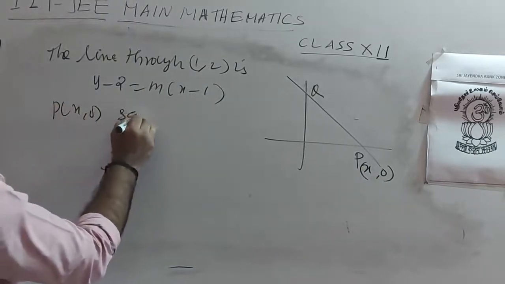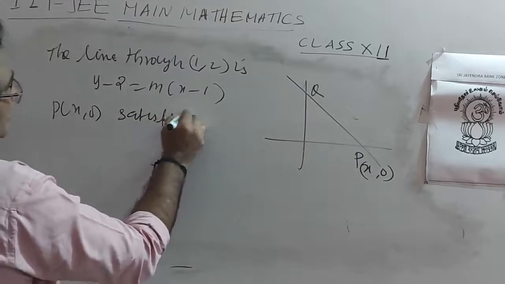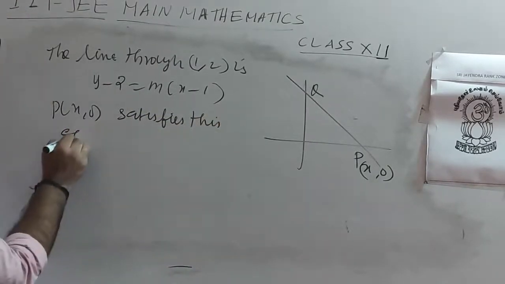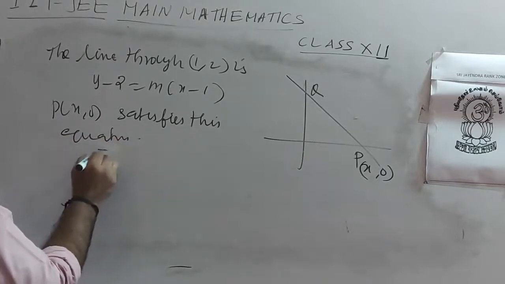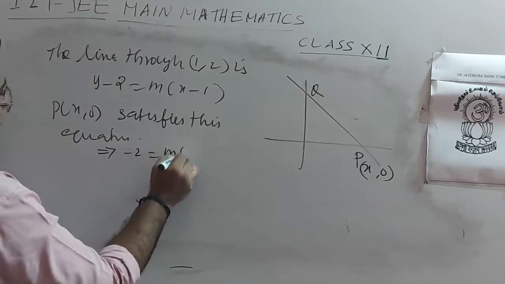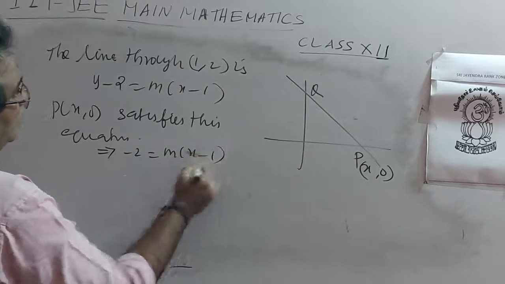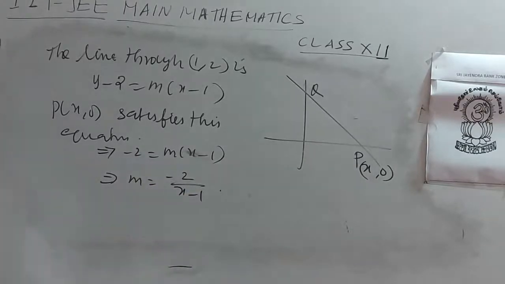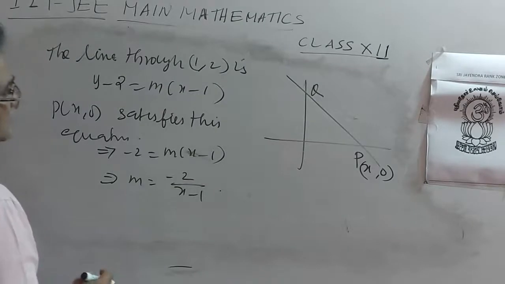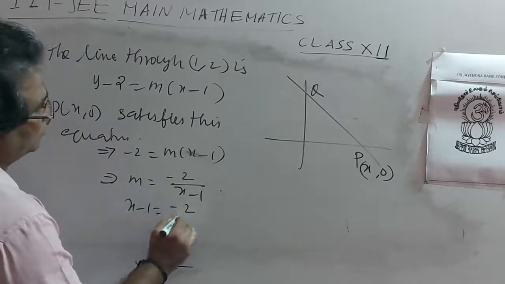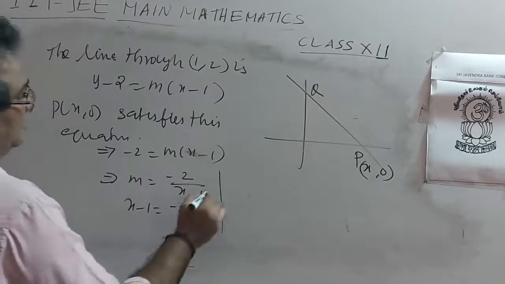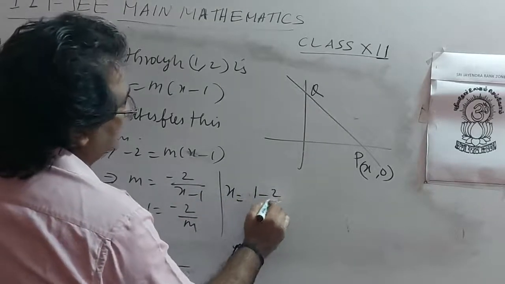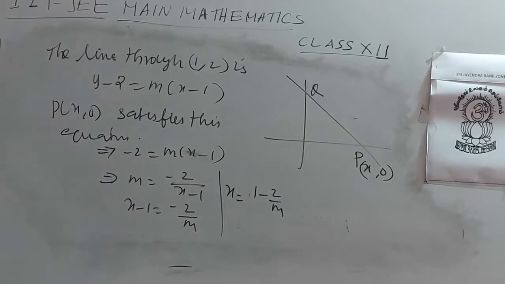P of (x, 0) satisfies this equation, which implies minus 2 equal to m into x minus 1. From this, m equal to minus 2 by x minus 1, or x minus 1 equal to minus 2 by m, x equal to 1 minus 2 by m.